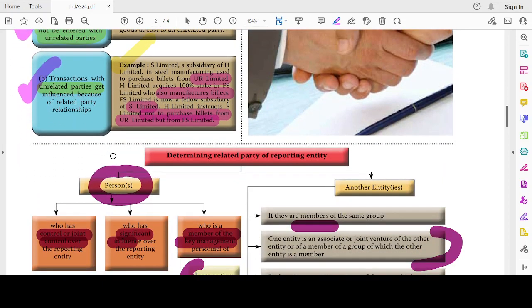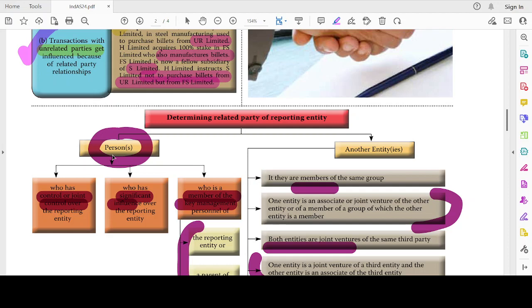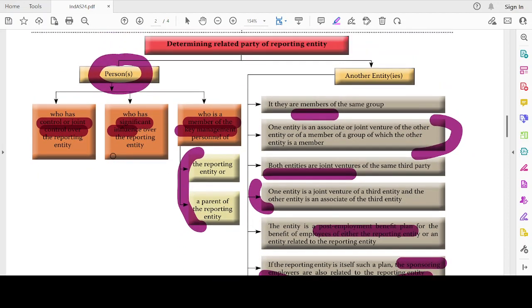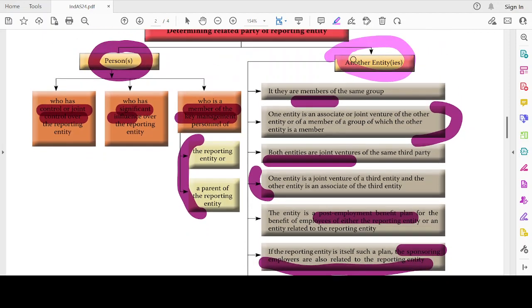Now, determining related parties of the reporting entity. Who are the related parties to the particular entity? That can be viewed from two angles: related to some persons and related to some entities. Persons: who has control or joint control over the reporting entity?